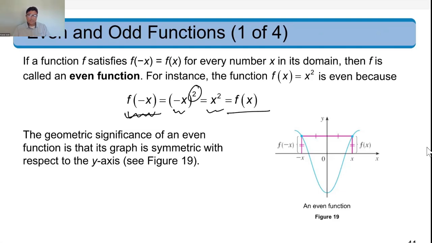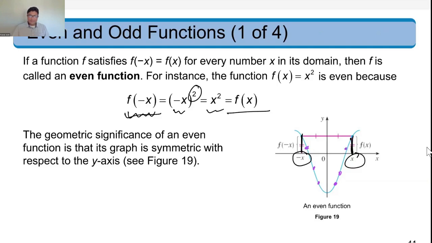And here is a graphical view of that. At negative x, the y value is the same as what you have at positive x. Okay, now think about this. This is not going to happen at only one point. Or it's not enough if it happens at only one point. It should be true for every point. For every x and negative x, the y value should be exactly the same.